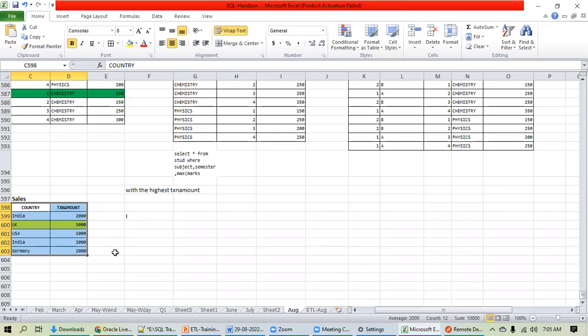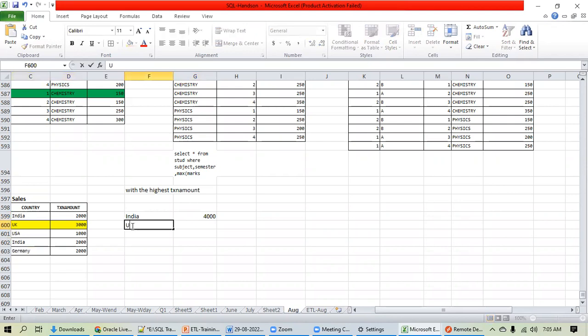Similarly, first of all, you have to find the total transaction amount of India. What is it? 4,000, right?